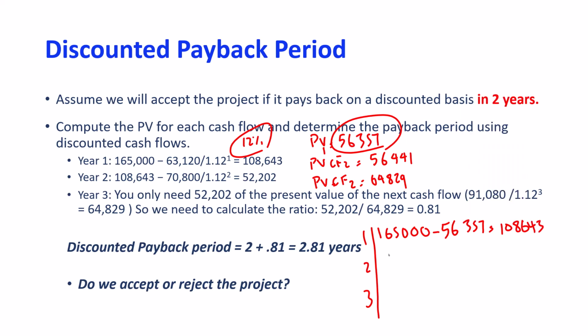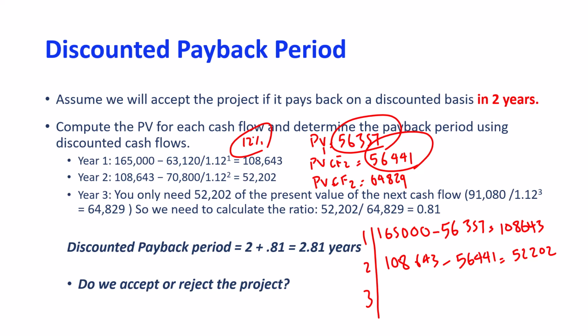And then since you haven't reached 0, you can keep going. 108,643 minus the present value of the second year cash flow, 56,441, gives you 52,202. The present value of the third cash flow is 64,829.